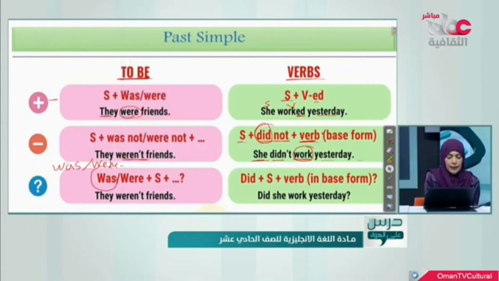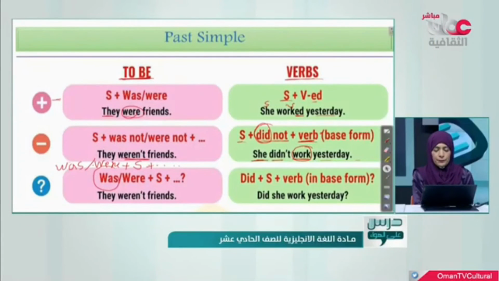Then I will add the subject here, then the rest of the sentence. Were they friends? They weren't friends. Was or were plus the subject plus the completion of the sentence. Here we have the answer, they weren't friends. Were they friends? Was or were plus the subject plus the completion of the sentence.